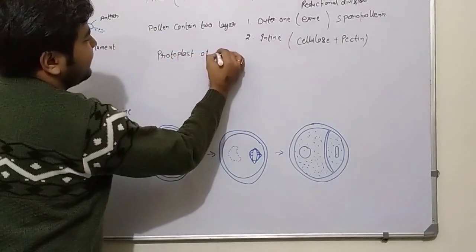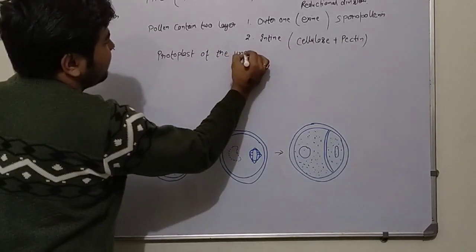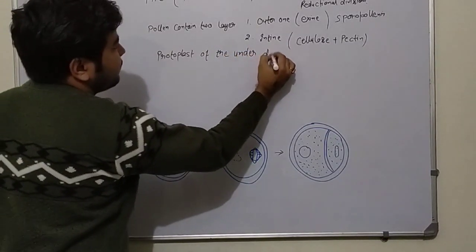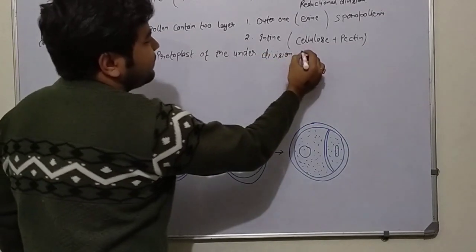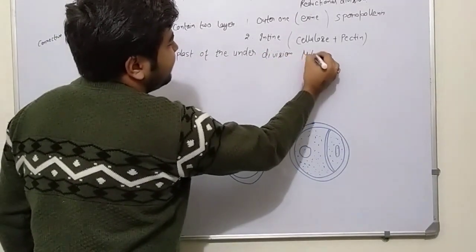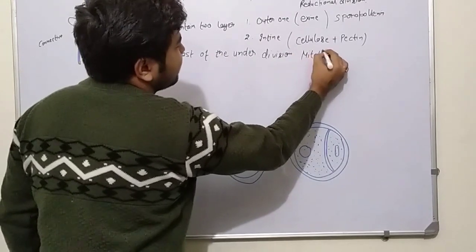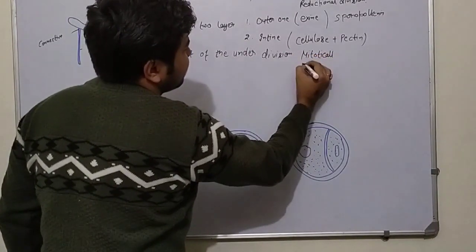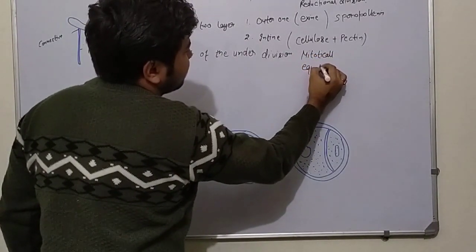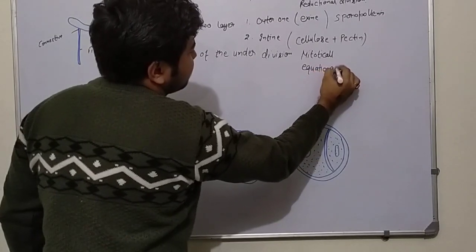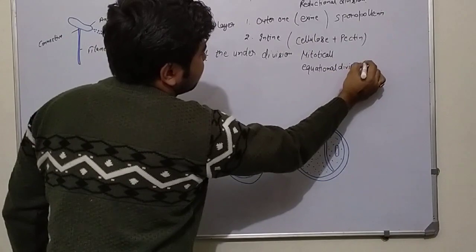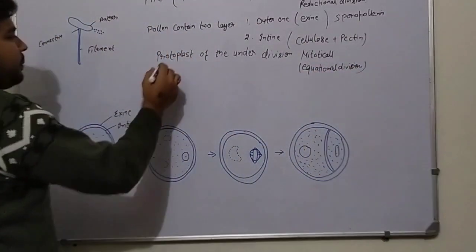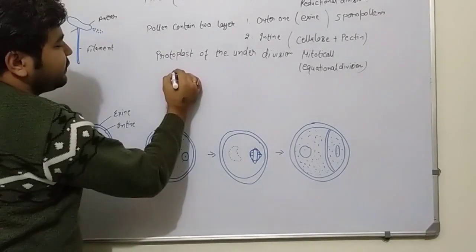The protoplast of the cell undergoes division. This division is mitotic, that means equational division. It forms two types of cells.